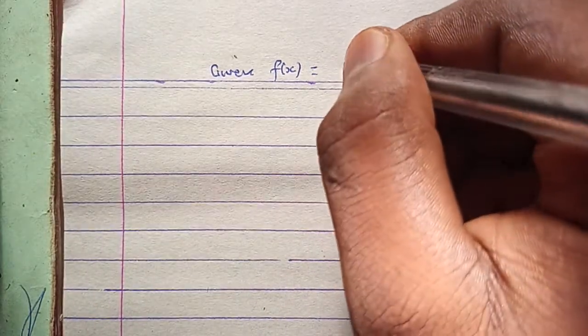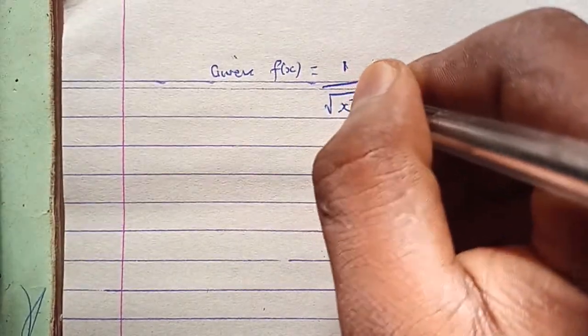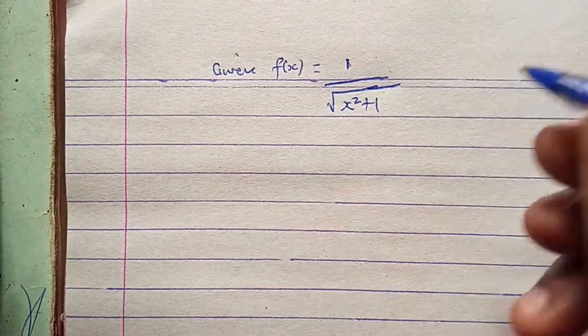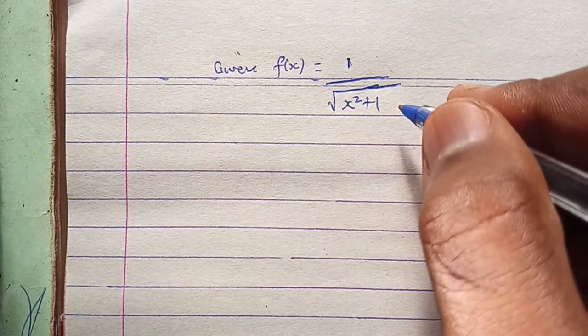So 1 over square root of x squared plus 1. So this is the function that we are going to differentiate using the first principle.